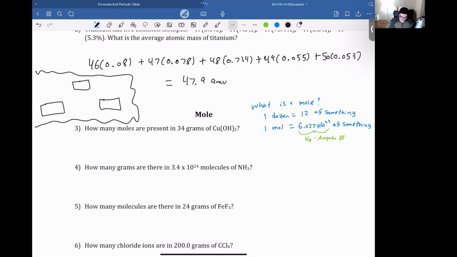So 3 of the most common things that you'll be seeing, which will be on your test, I promise, are conversions between grams and moles and number of stuff. Usually it's number of atoms or molecules.